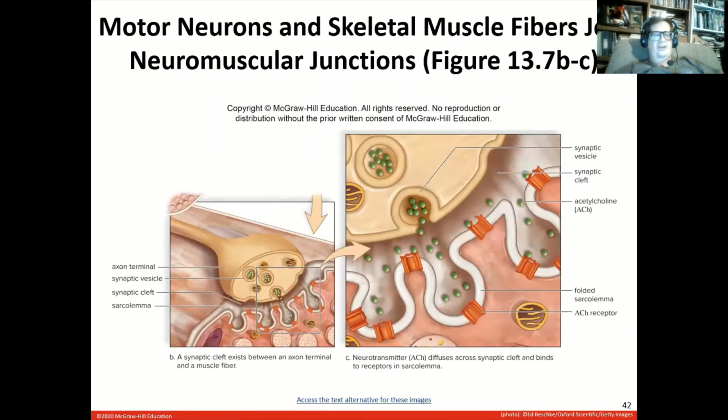So here you see it in action. We have a synaptic bouton in the terminal. We have a synaptic vesicle full of acetylcholine. It comes up, it fuses with the plasma membrane, it dumps out the acetylcholine. The acetylcholine goes across the synaptic cleft, and it's trying to bind to receptor molecules here.